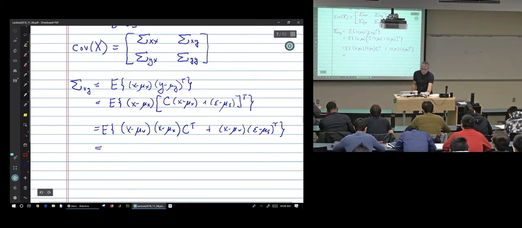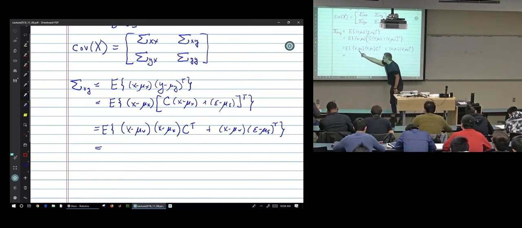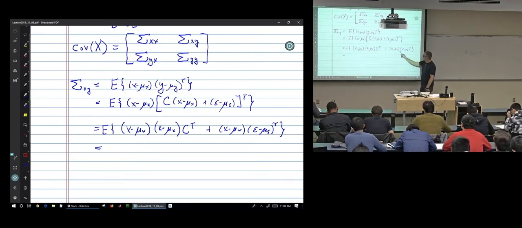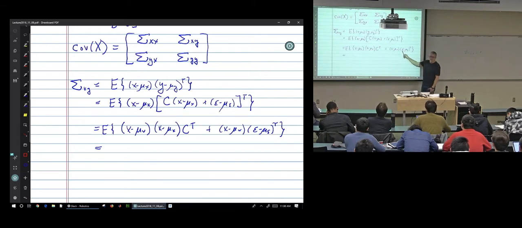And so this is sigma xx C transpose, and then this expectation is 0. But if it wasn't, it wouldn't really cause us that much problem. We just write sigma x mu here if we had that data.